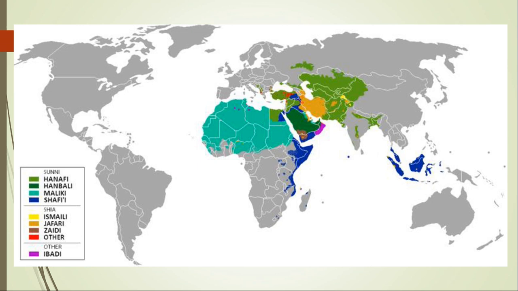Obviously, on top of that, we do have others, in purple, but this is just a general description. It is not precise because within the country itself, we have multi believers of certain school.